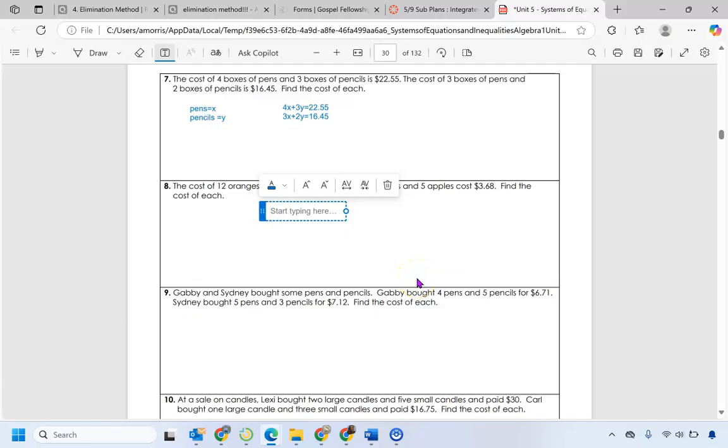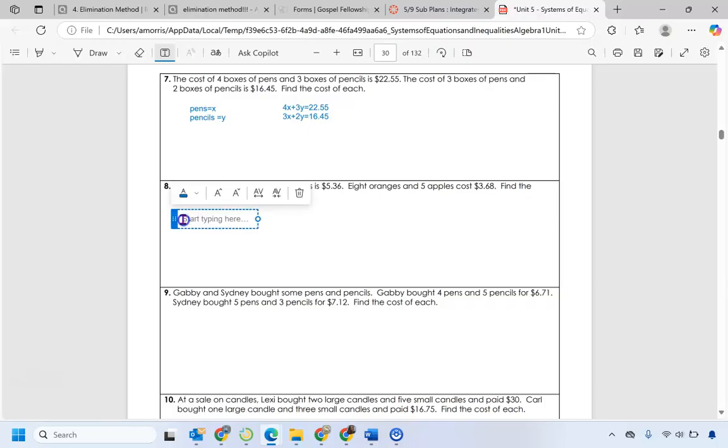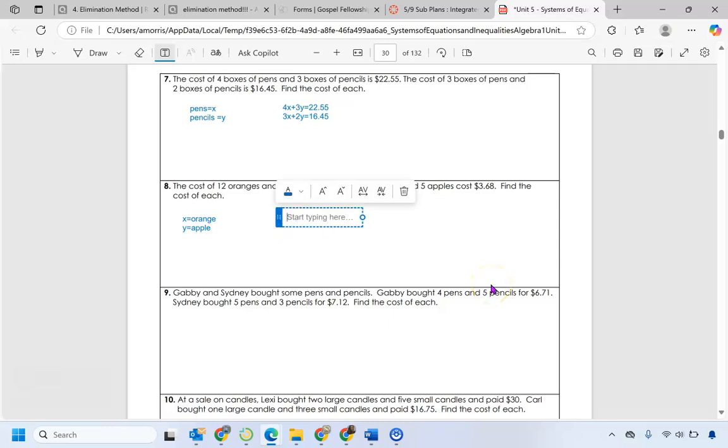So the cost of 12 oranges and 7 apples is $5.36, okay? So I'm going to let my X equal my oranges, and then my Y is going to be my apples. So you have 12X plus 7Y equals $5.36.